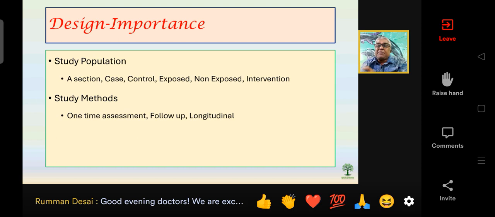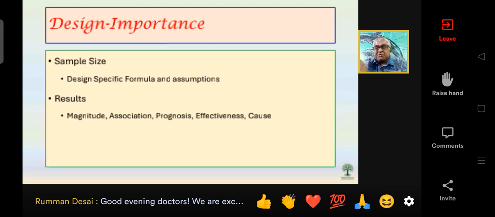You will follow up the particular subject and you will have multiple assessments at multiple periods of time. You can't do multiple assessments in all study designs. You can't do a single one-time assessment as part of all study designs. So the study design is important as it relates to the way that we use the methods to find the answers to our questions as well.